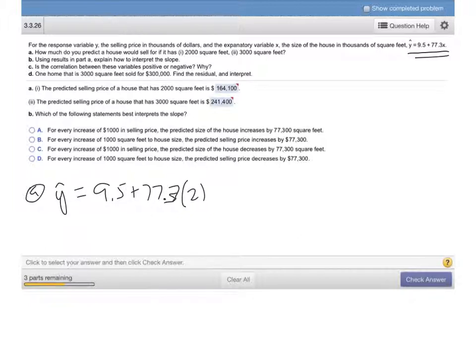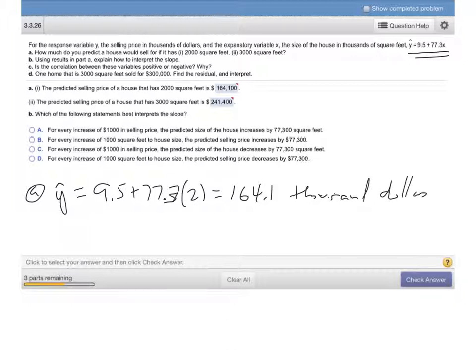If we do that, we get 164.1. And so again, we have to interpret that as thousands of dollars. So $164.1 thousand. So that's a little bit weird to look at.